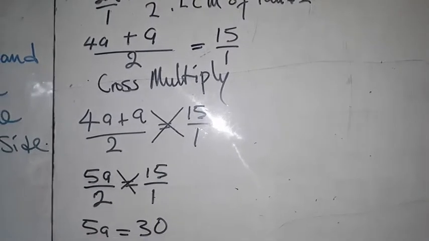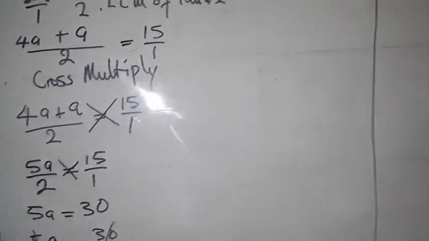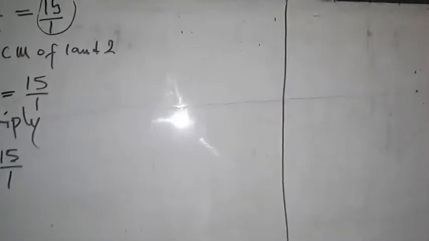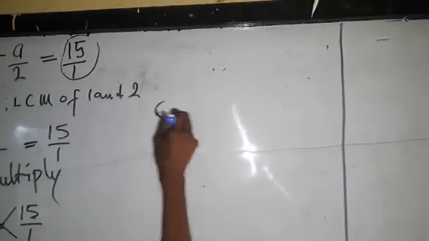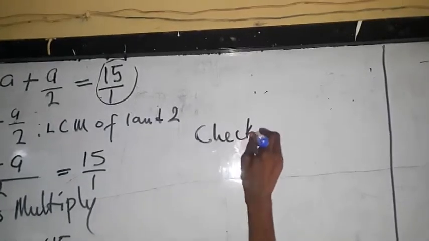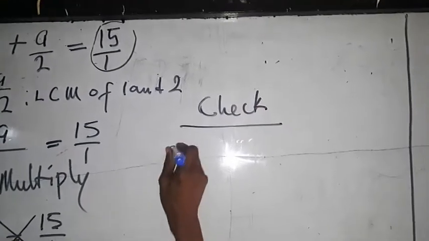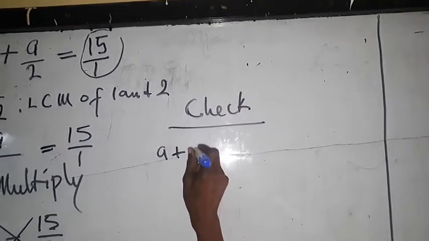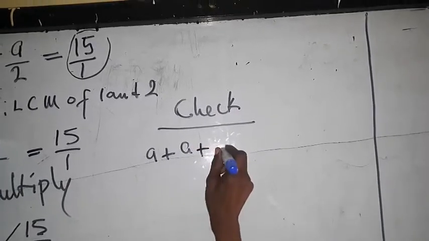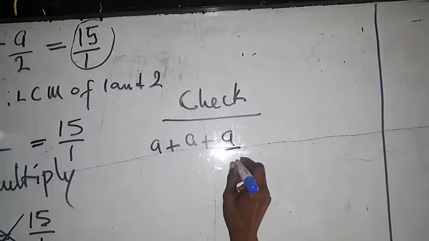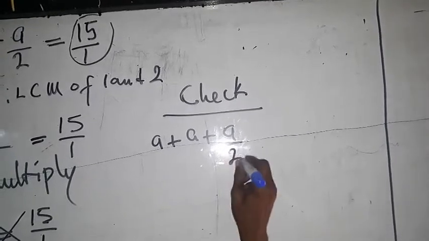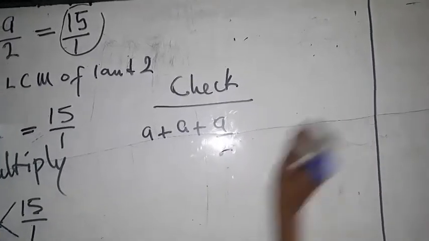Let's do the checking before we go into the main thing. By the time we finish checking, you know the value already, the length of the other side. So check: A plus A plus A over 2 should give you 15.